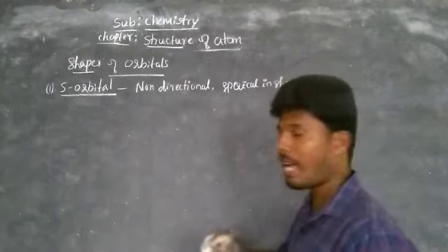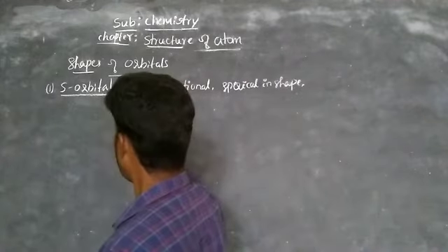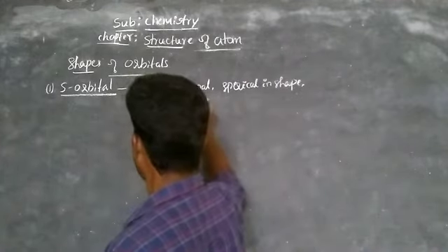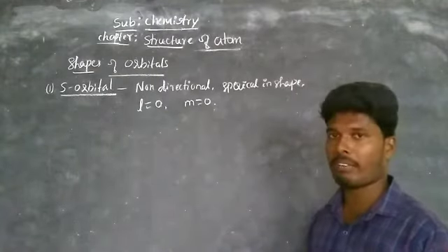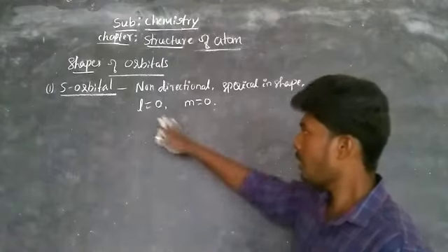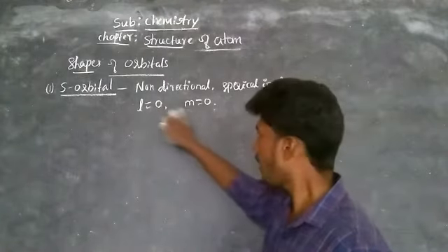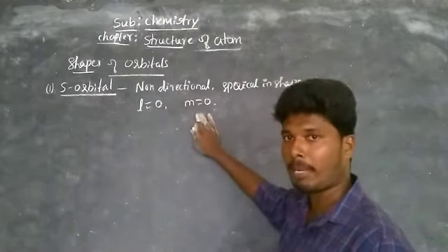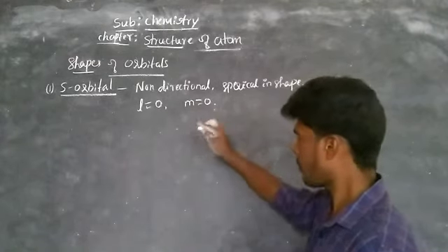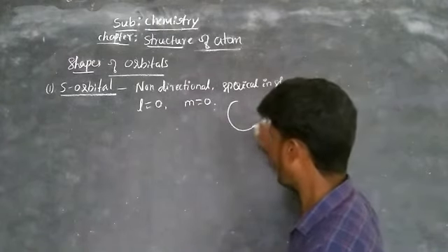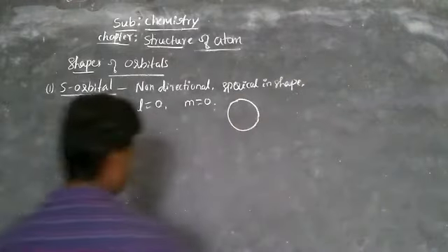Then its L value is 0 and M value is also 0. For the S orbital, L is the azimuthal quantum number and M is the magnetic quantum number. So L is azimuthal, M is the magnetic quantum number. The S orbital is spherical in shape. This is the S orbital.